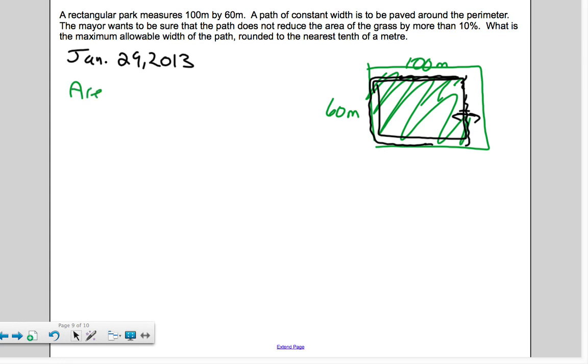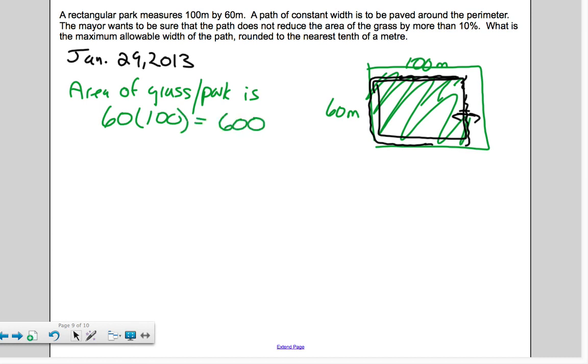So area of the grass, or park, is 60 times 100. So 6,000 square meters.